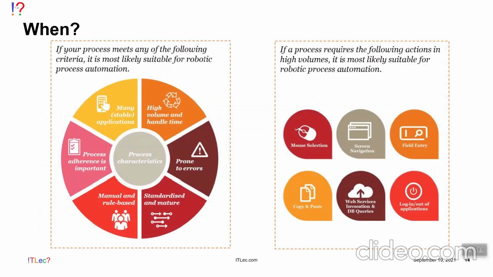So when should we use RPA? We should use RPA based on 2 factors. One of them is functional and the other one is technical. For functional, if we have, for example, a high volume of requests or repetitive tasks prone to error, where a human can make a mistake.